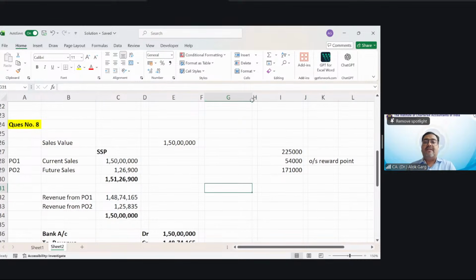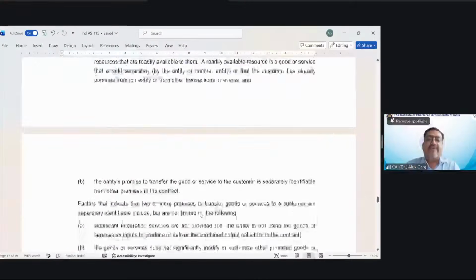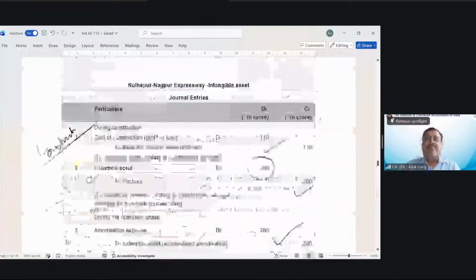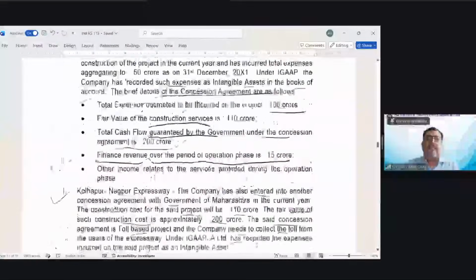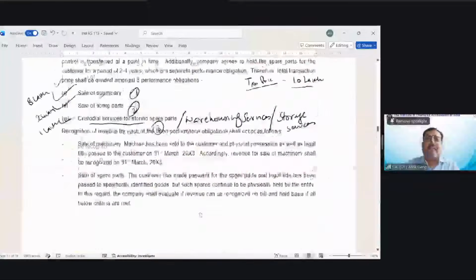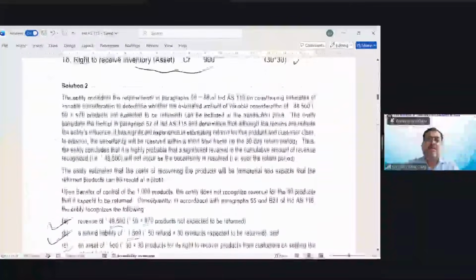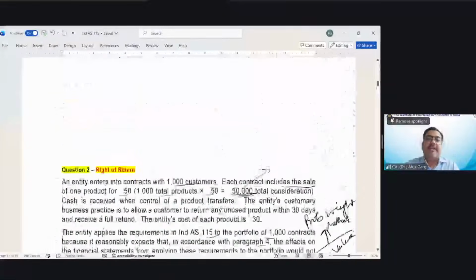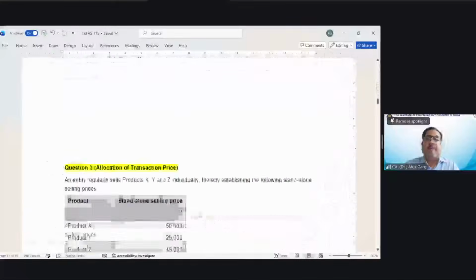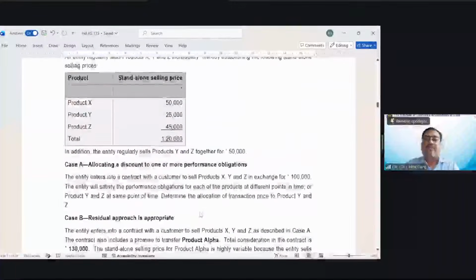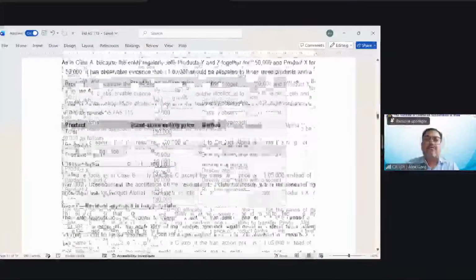So friends, in this complex question word file, what have we covered today? We have covered question number 2, which is on the right to return. We have also covered question number 4; 3 was simple.